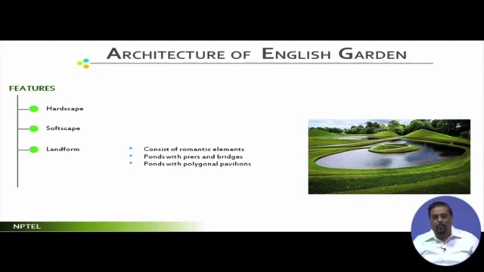Now, let me compare at this point with other landscape styles. Spanish landscapes, we did not see anything of landform profiles, no experimentation with landforms. Chinese, they created the landforms as naturally as available. Japanese created landforms in a very low key. It is not landforms in profiles, but they gave different, irregular shapes.